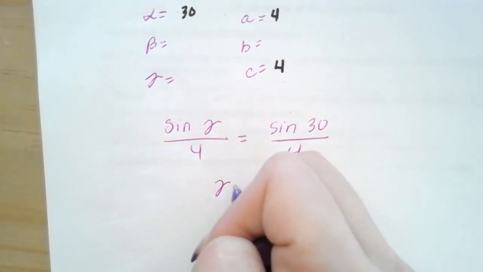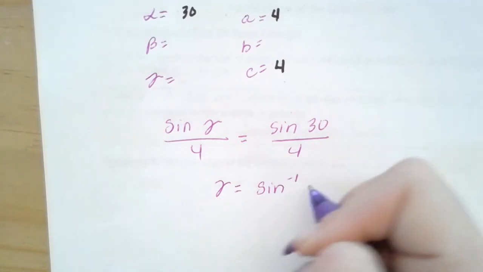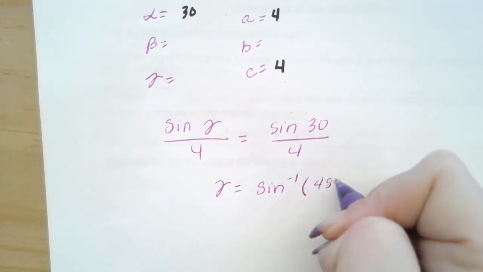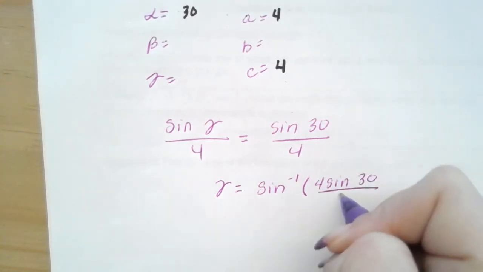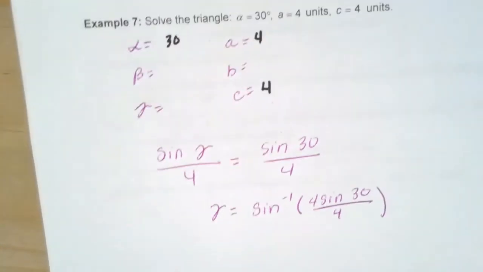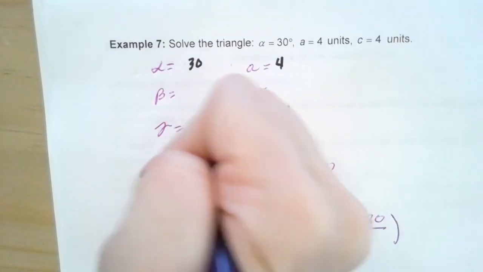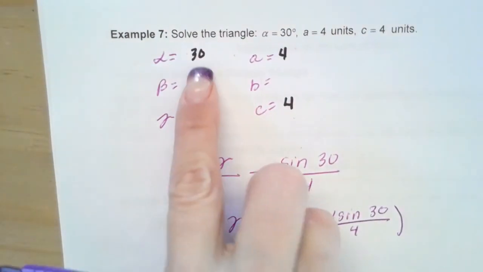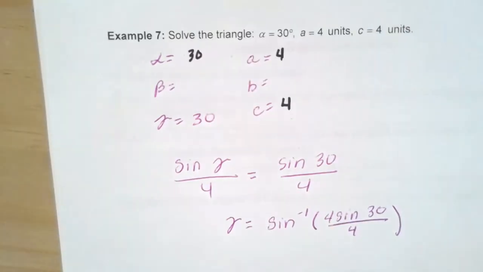So in our calculator, we're going to write inverse sine of 4 sine 30 all over 4. And when you do that out, what do you know? We get 30.